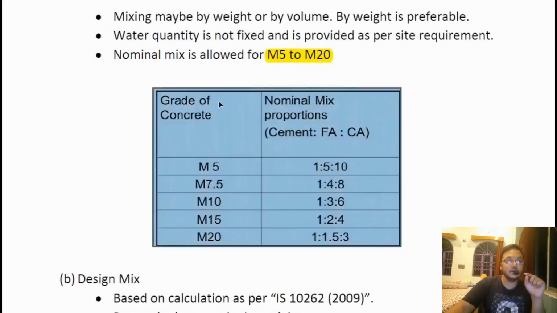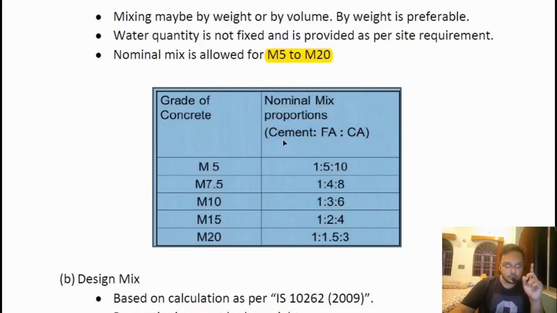This is on the left column. You are seeing the grade of the concrete, that is M5, M7.5, M10, M15 and M20, and the various nominal mix proportions are shown in the right hand side column. So how are these proportions made? It is cement is to fine aggregate is to coarse aggregate. FA and CA stand for fine aggregate and coarse aggregate.